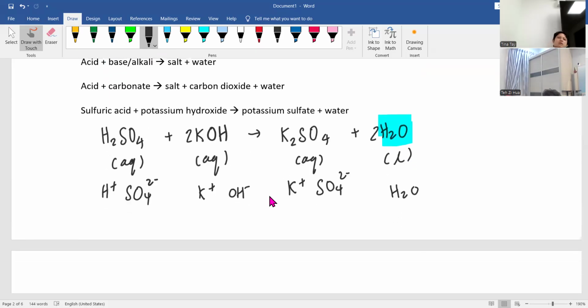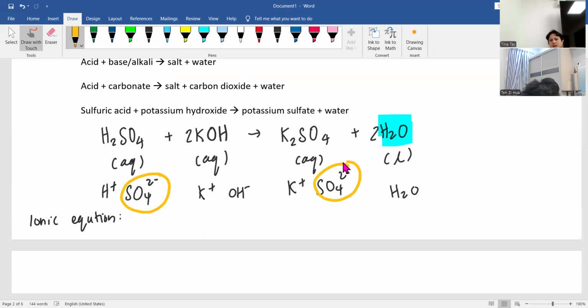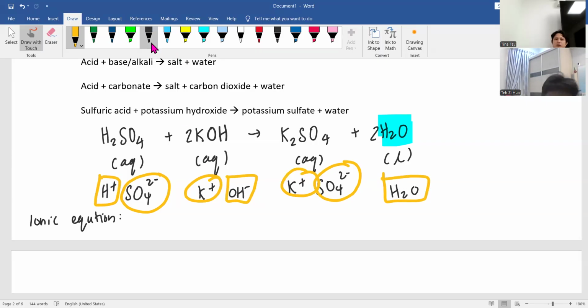Can you see that? So when we want to write something called an ionic equation, we only write the ions that change. You see, sulfate is an ion, sulfate is an ion, no change. Potassium is an ion, potassium is an ion, no change. The only ones that change are hydrogen ion and hydroxide ion, which react together to form water.